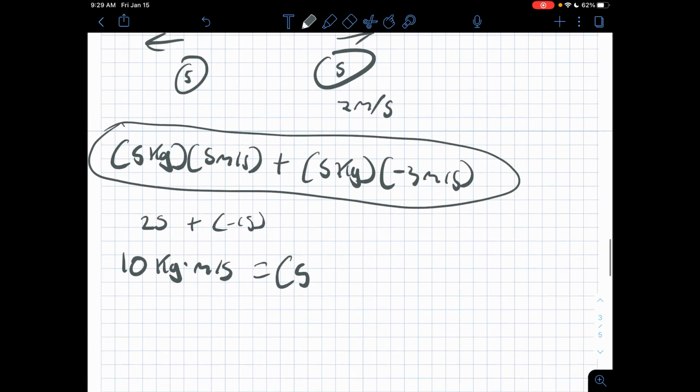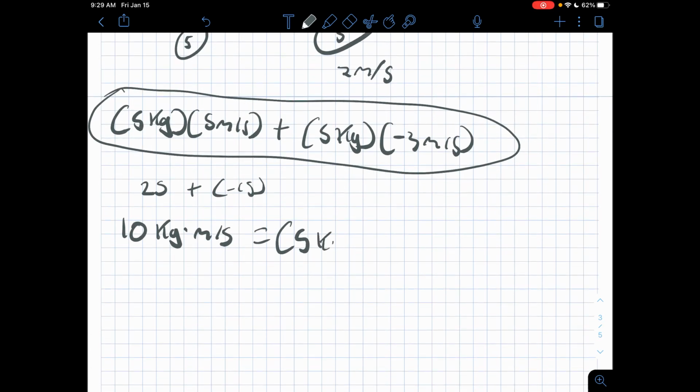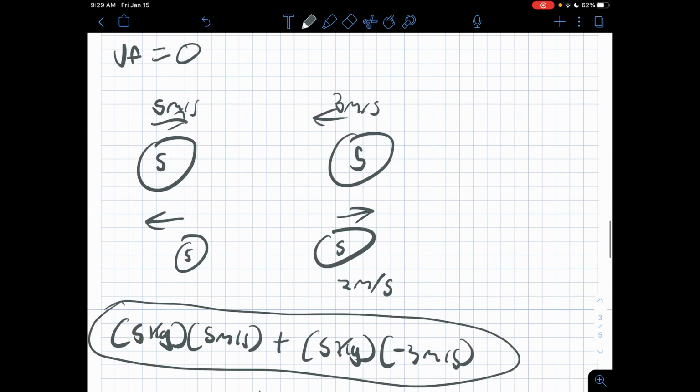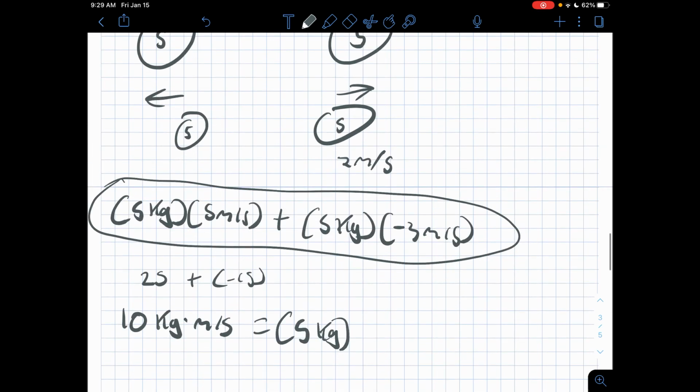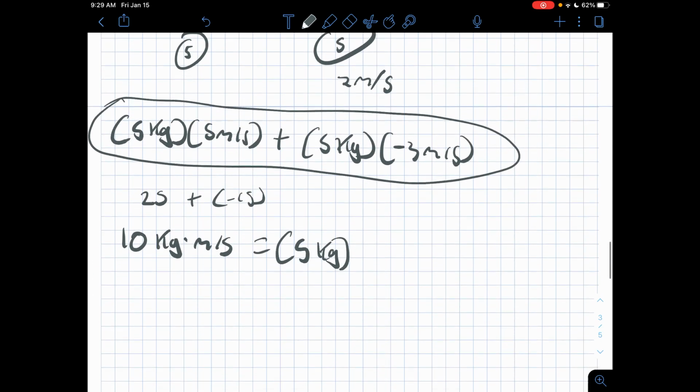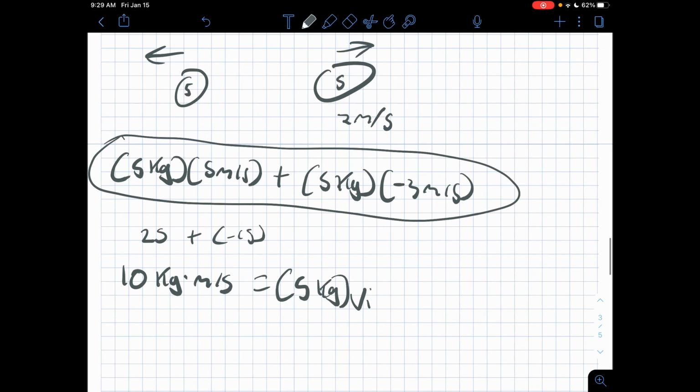So the mass one is 5, and then it's 5 kilograms, and then this is the one that we don't know, right? So this is the first ball, so we don't know the speed of this ball, so we'll use it as vi.